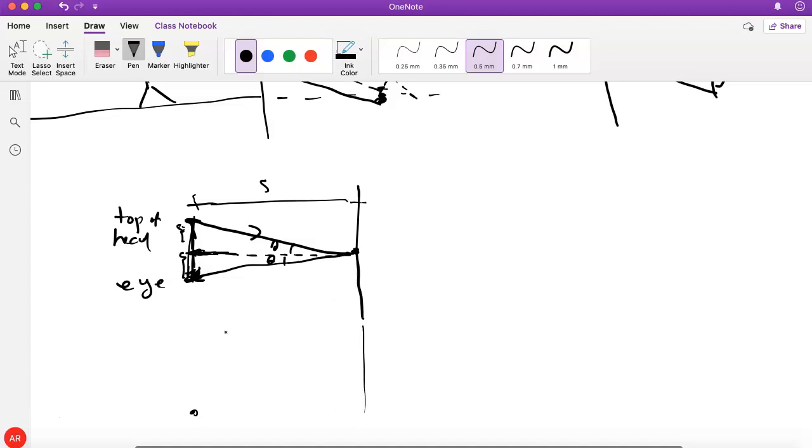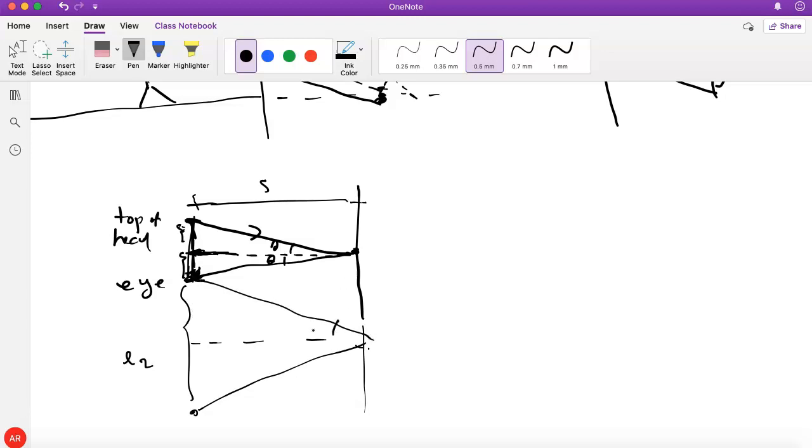If this distance is L2, the bottom of the mirror should be L2 over 2, for the same reason, because if this is alpha, each of these heights becomes L2 over 2. And then the height of the mirror becomes L1 over 2 plus L2 over 2. L1 plus L2 is h, so the answer becomes independent of h.